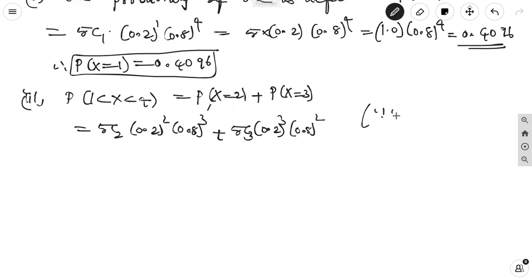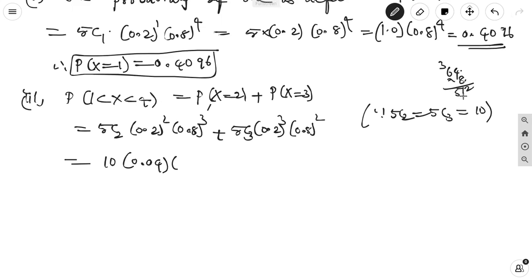We know that 5C2 equal to 5C3 equal to 10. Already we did in the previous problem. It is equal to 10 into 0.04 into 0.512, 0.512.